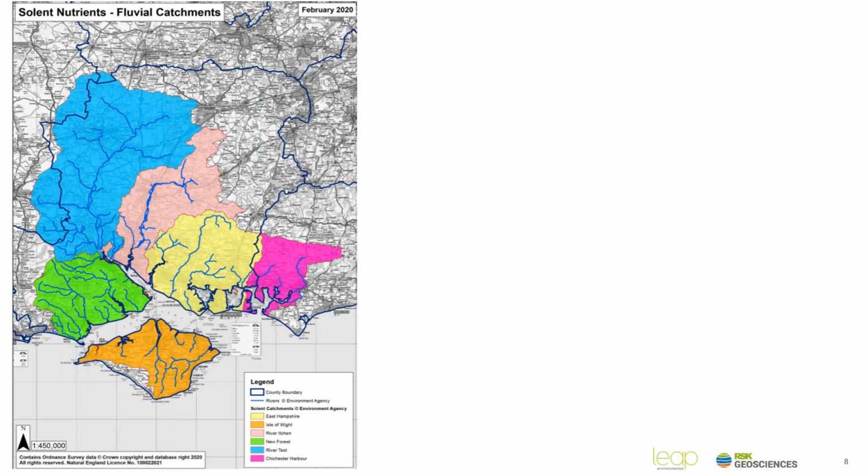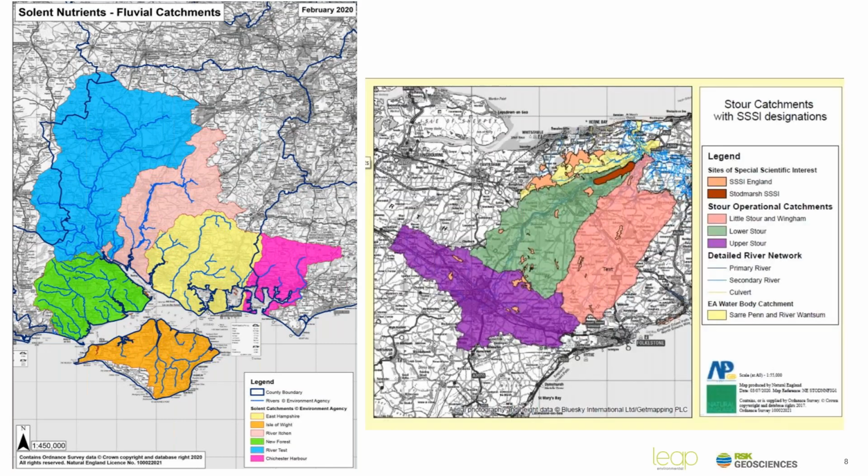It also incorporates some of the harbours, Langstone Harbour or Chichester Harbour. And you can see that it takes in a good chunk of West Sussex, the vast majority of the Isle of Wight, a good proportion of Hampshire and some of the surrounding counties. So we're looking at very large scales, and that includes a large number of developments as well.